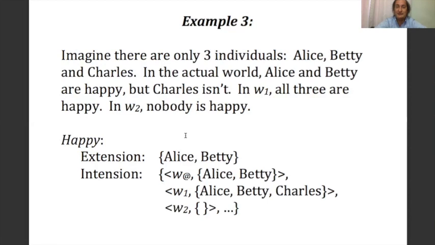In the intension, we get a pairing of the actual world with the extension at the actual world, the set containing Alice and Betty. We also pair other worlds with extensions at those worlds. In W1, everybody is happy. So it pairs W1 with the set containing Alice, Betty, and Charles. In W2, nobody is happy. It pairs the world W2 with a set containing no individuals, what we call the empty set.